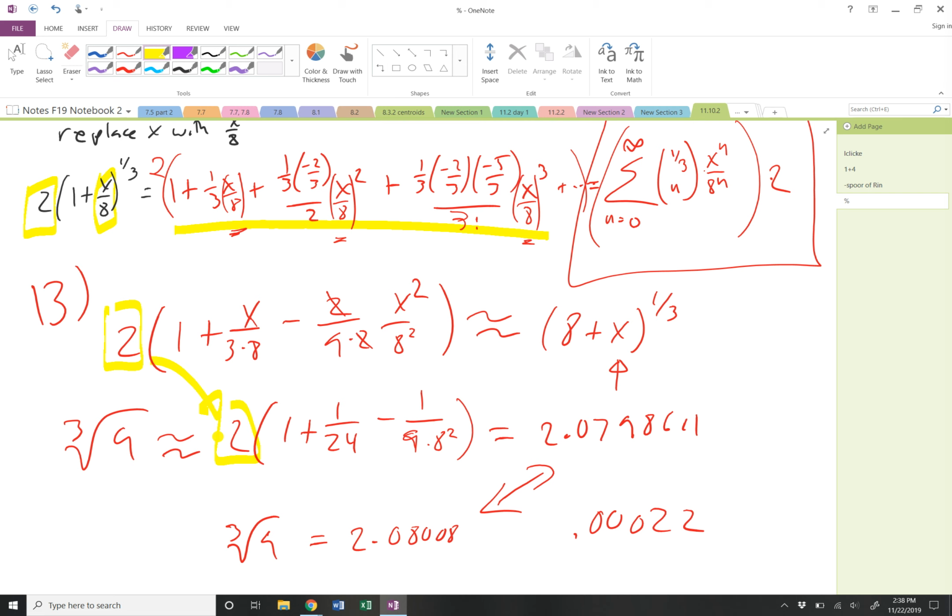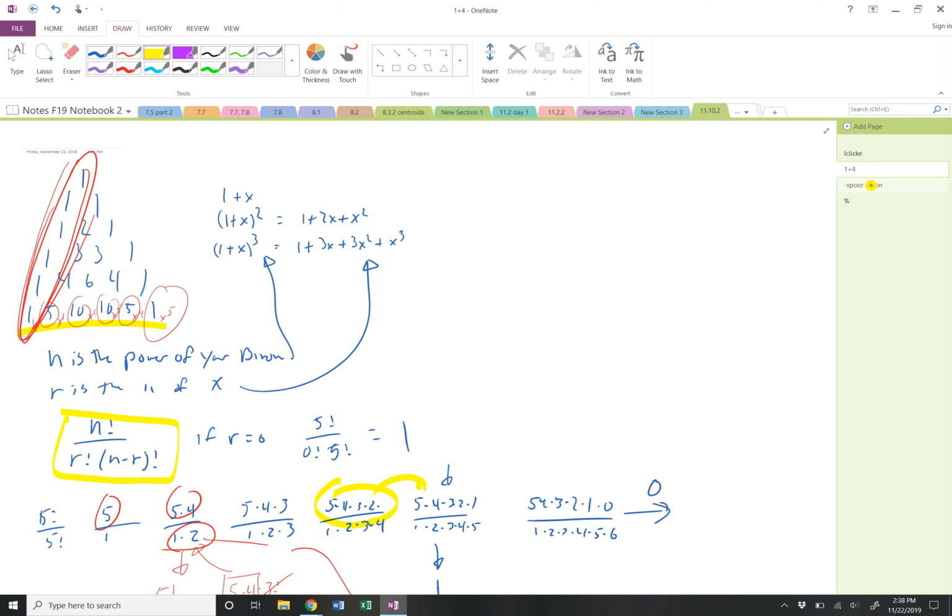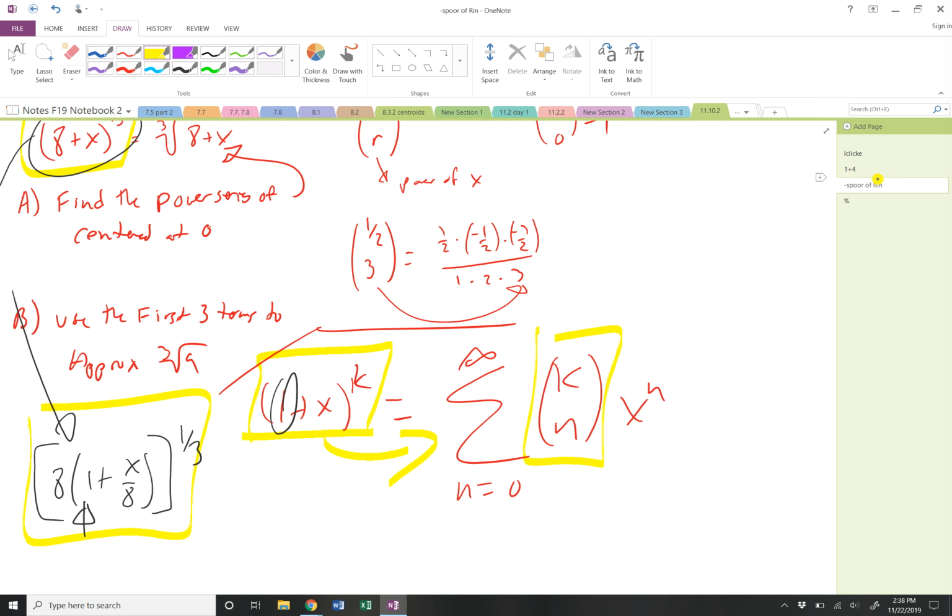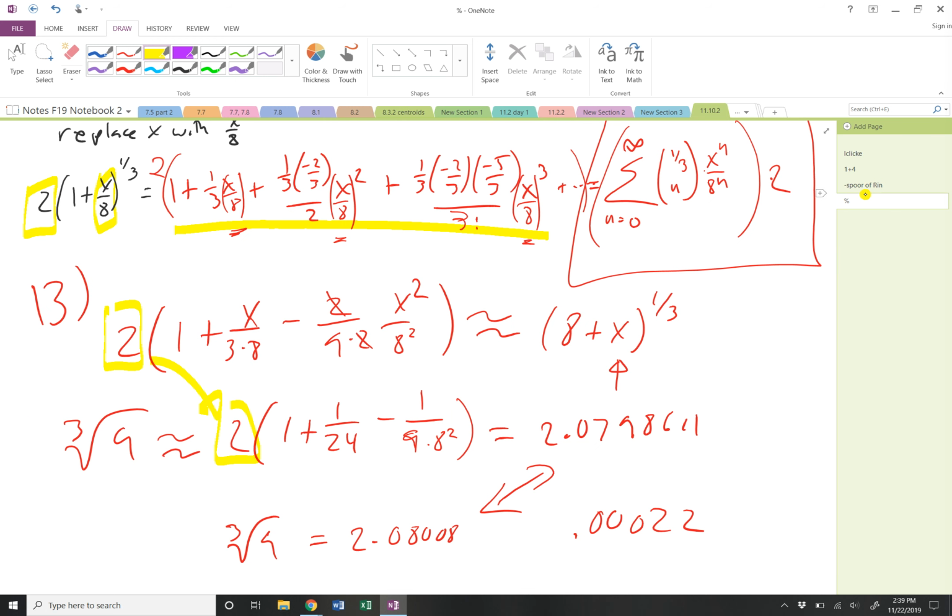In the question, I just said find the first 3 terms, not a polynomial of degree 3, or a 3rd degree approximation. Sometimes we'll say use the first however many non-zero terms to approximate things. So okay, any questions about this?